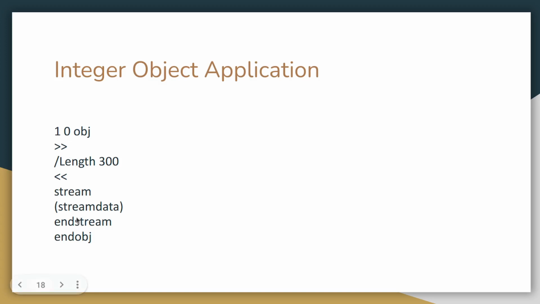The stream requires the length of the data, meaning the bytes inside the stream. We have to provide that information to a stream object. So say for example we have stream data of 300 bytes. We have to write it like that, Length 300. So this 300 is an integer, so it's an example of the integer object.